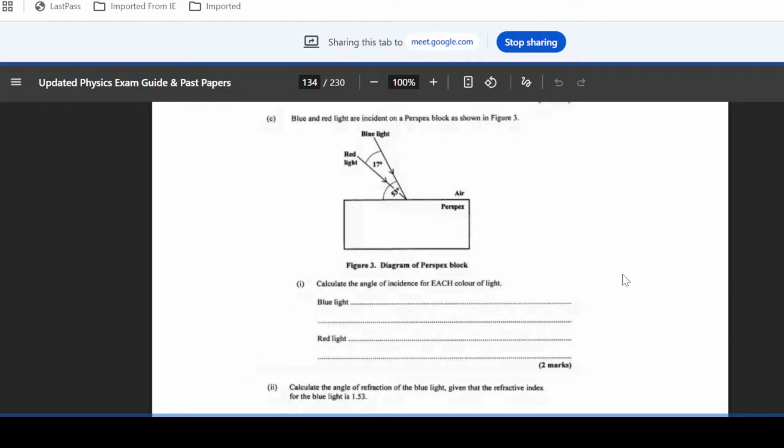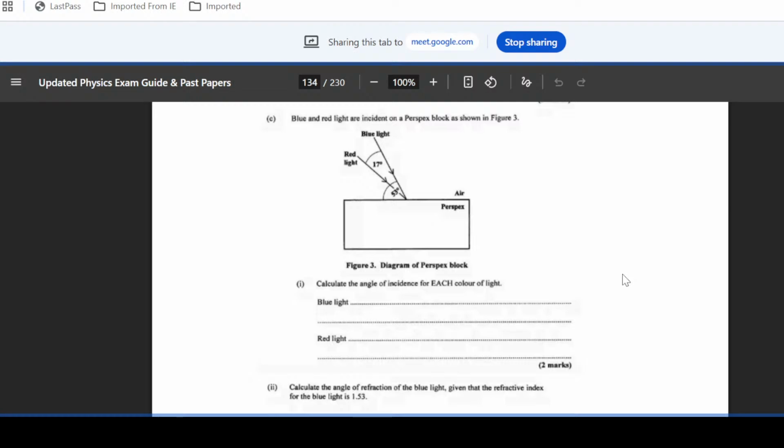So for the angle of refraction, we can use our Snell's law: sine i over sine r is equal to n. So you just do your substitution.